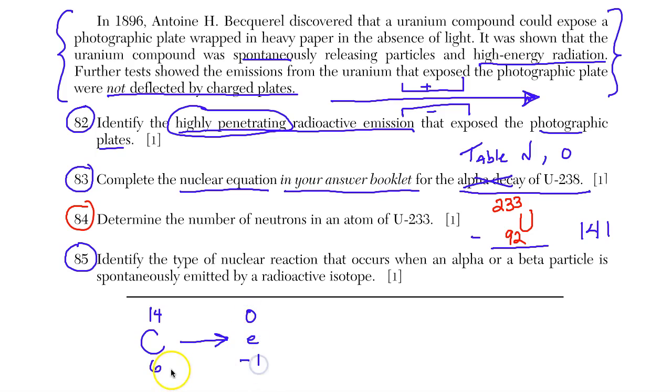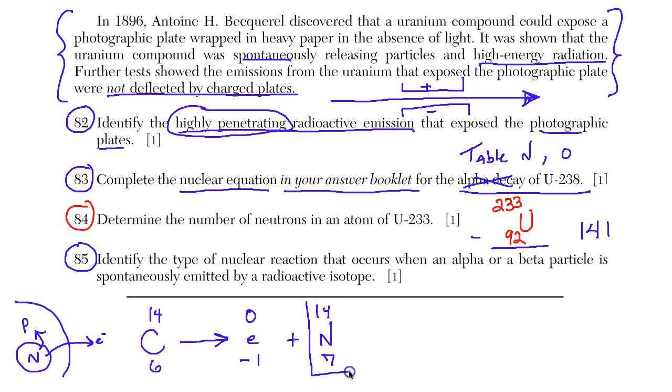Really what's happening is a neutron in the nucleus basically gives off a negative charge and it becomes a proton. You lose your negative, become positive. So what number plus -1 is 6? That'd be 7. Atomic number 7 is nitrogen. What number plus 0 is 14? 14. And look here, we've made a neutral compound.